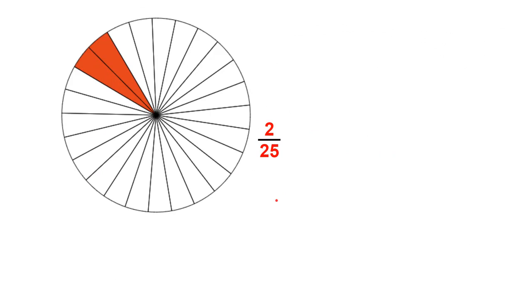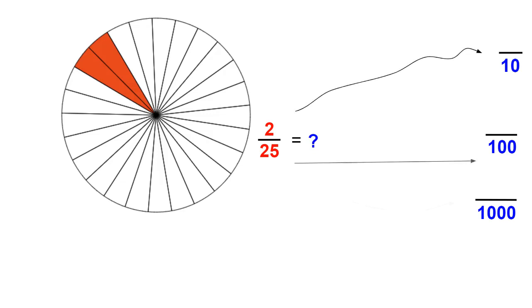Let's see another example, 2/25. 10 cannot be divided by 25. It's smaller than 25. So let's try 100. And 25 times 4 is 100. So we pick this one.